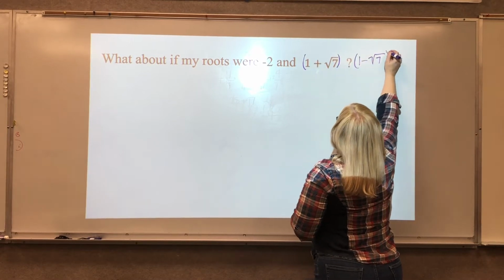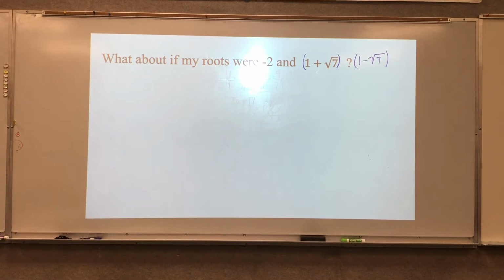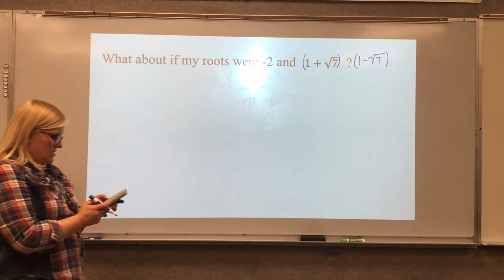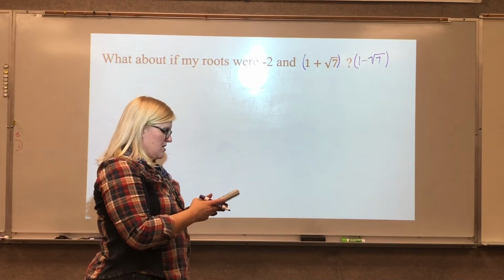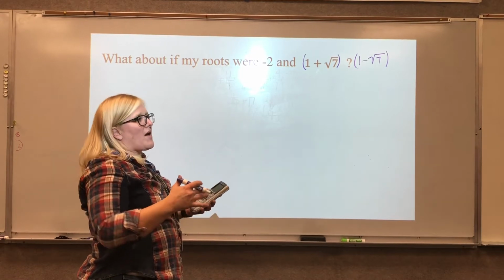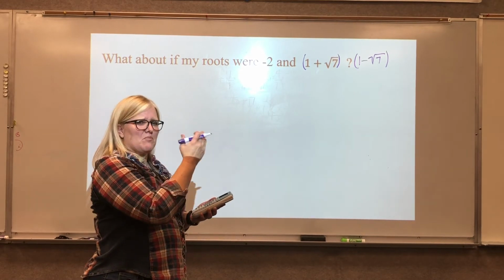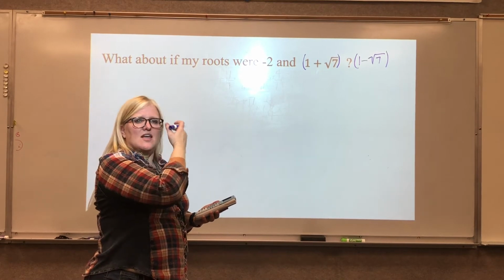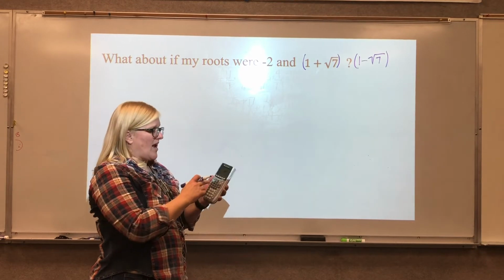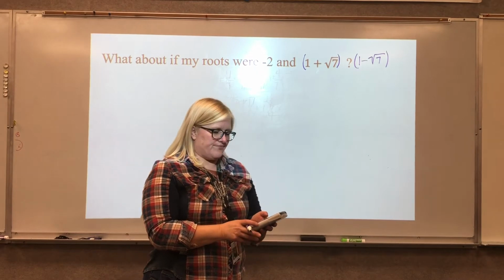If you put it in your calculator, I have 1 plus the square root of 7. It's 3.6457, blah, blah, blah. So it's about 3.64. So it is one number, but we're going to keep it like this because this is perfectly accurate, whereas if we used a decimal, we'd be rounding, and that's not completely accurate.